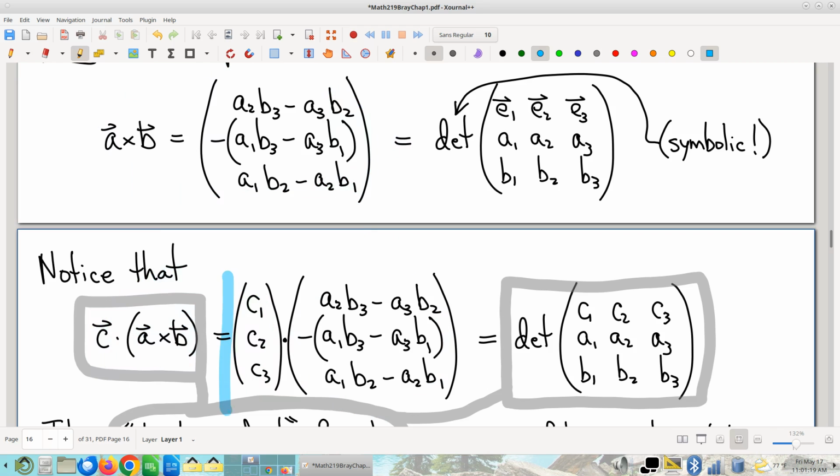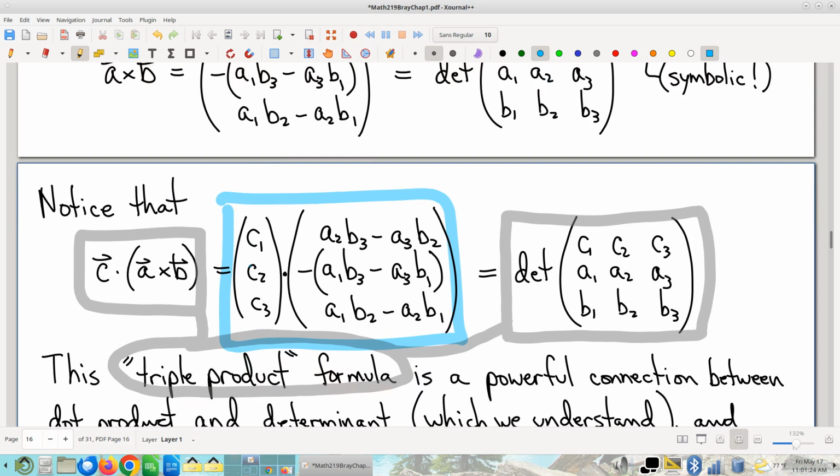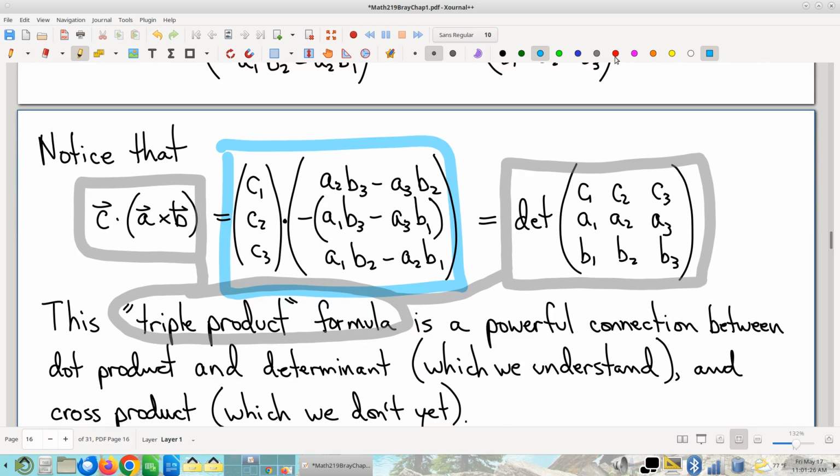But then look at how you would compute this dot product. The first term you would write down would be this times that, which you'll notice is the top left element times the determinant of the submatrix. And then the second thing you would write down is that times that, which is the second element times the determinant of its submatrix.